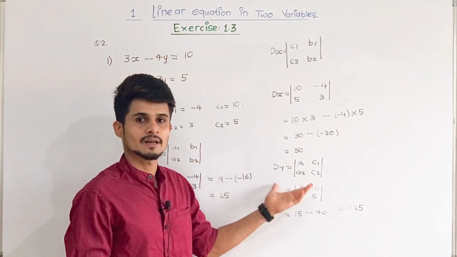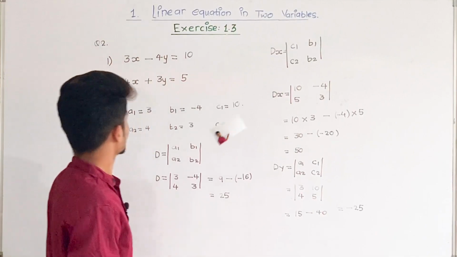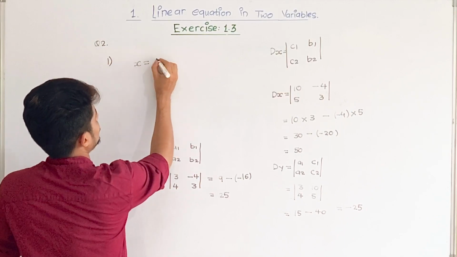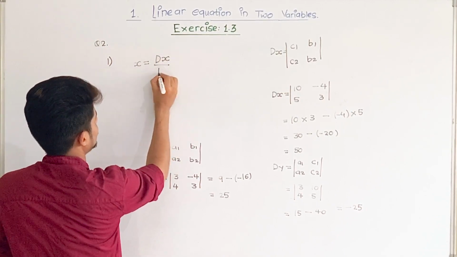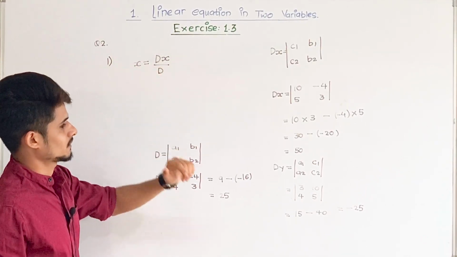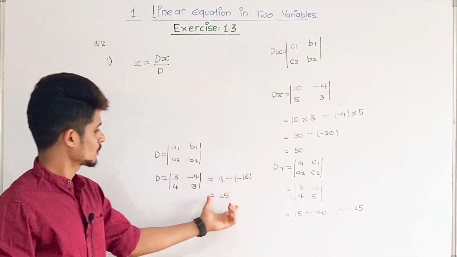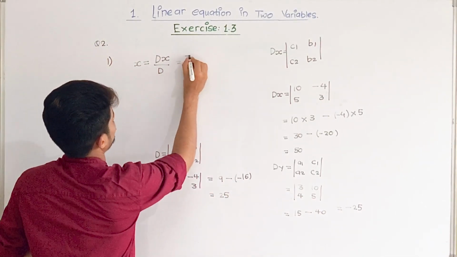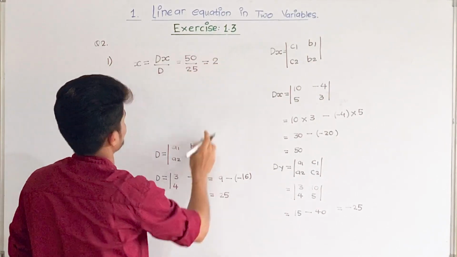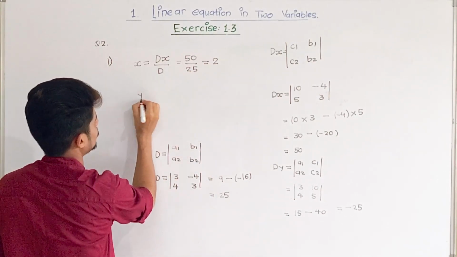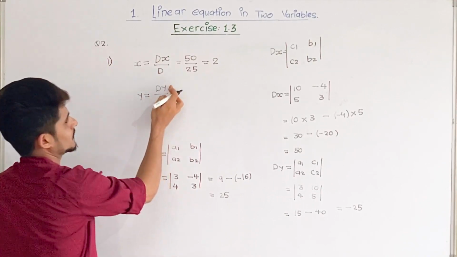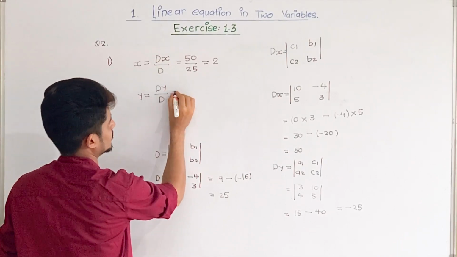Now we will find the value of x and y. Now we will find the value of x, that is x is equals to dx upon d, that is value of determinant of x upon value of determinant, that is 50 upon 25. 50 upon 25, that is equals to 2. Similarly, we will find the value of y, that is dy upon d, determinant of y upon determinant.